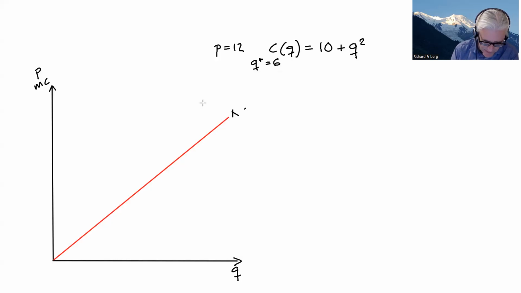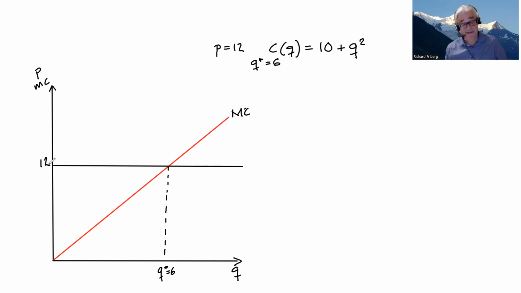So this is the marginal cost, and we had the price of 12, right? Like this. And there's a profit maximizing quantity of Q star equals 6 and price of 12. So this is where we were before.